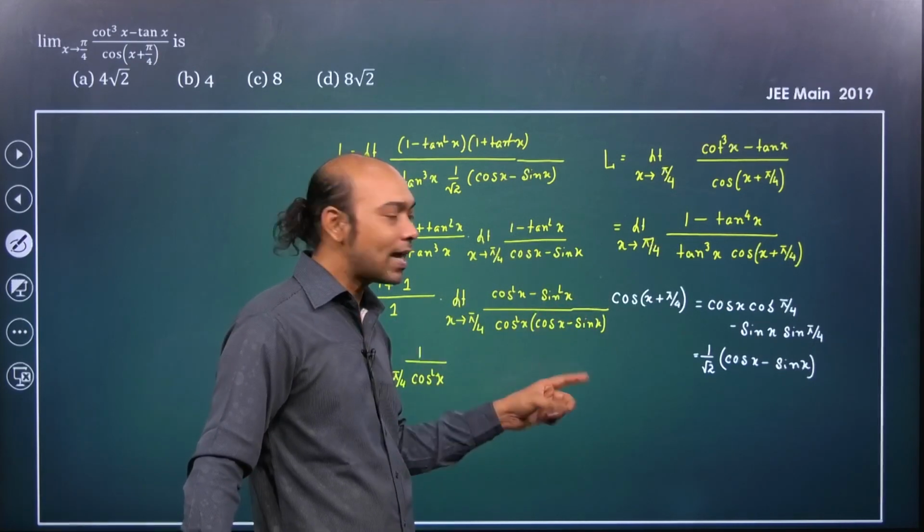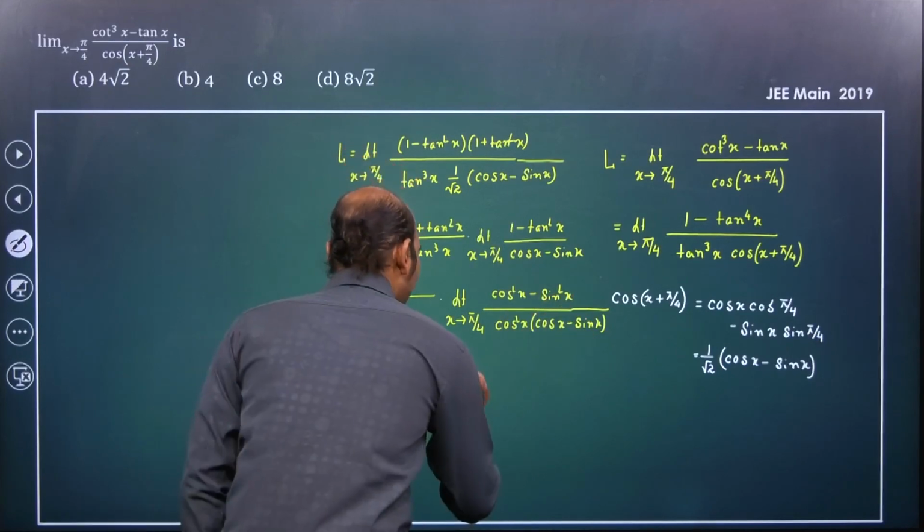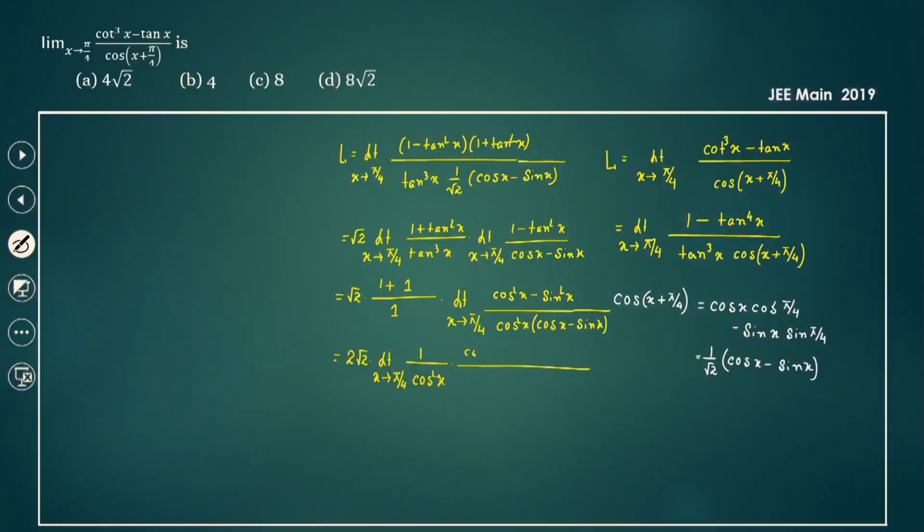So that cos x minus sin x term will be cancelled out, right? So we can factorize the numerator as cos x plus sin x and cos x minus sin x. Obviously, we have the same denominator, cos x minus sin x, so this term will be cancelled out now. Therefore, the required limit will become 2 root 2 times the limit x tends to pi by 4 of 1 by cos square x multiplied by cos x plus sin x.